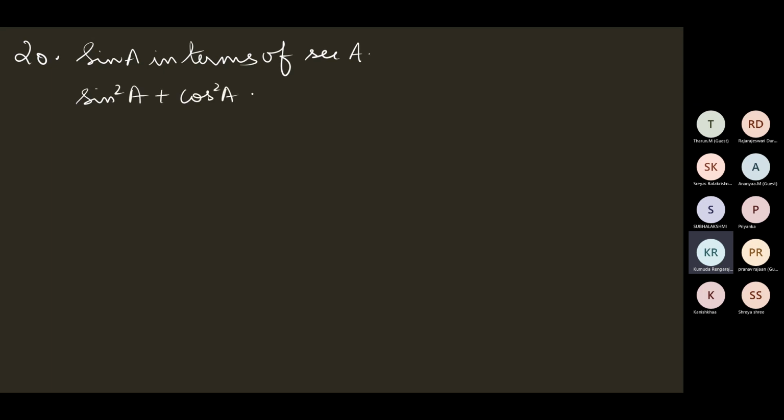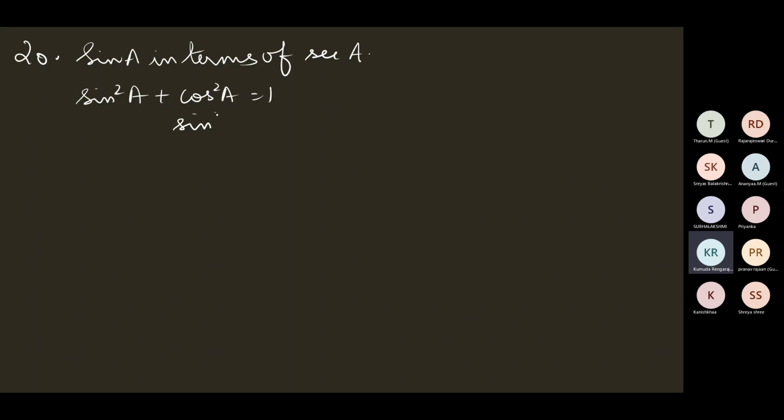So starting with the 20th one. Express sine A in terms of secant A. So we know that sine square A plus cos square A is 1.